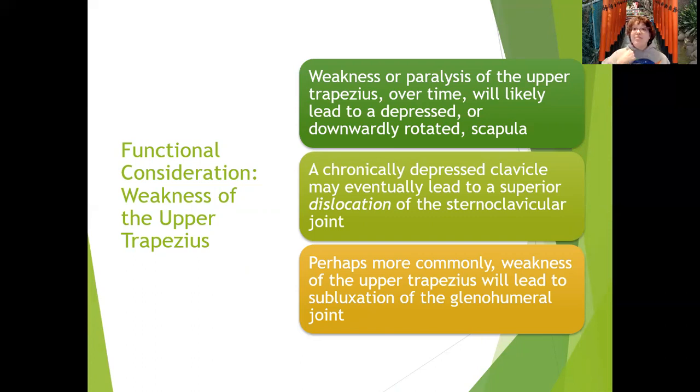However, we know that we have those strong ligaments trying to prevent that, so it's not very common. So it's more common that weakness of the upper trapezius leads to subluxation of the glenohumeral joint. And that's the problem that results more commonly than a superior dislocation of the sternoclavicular joint.